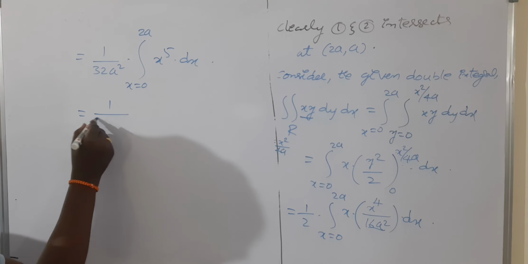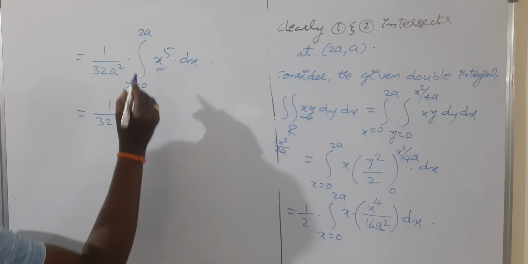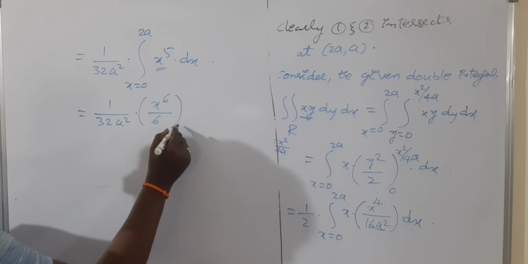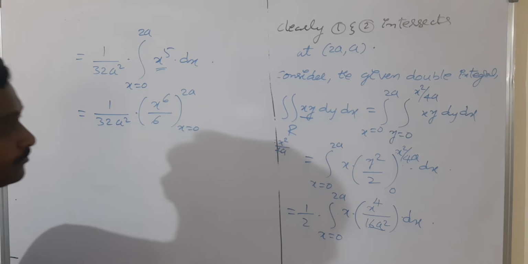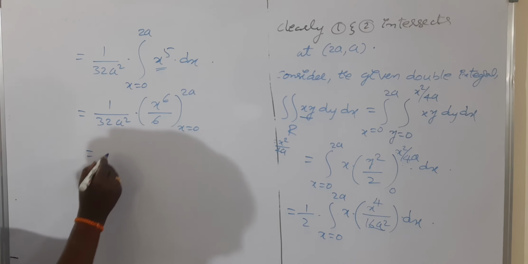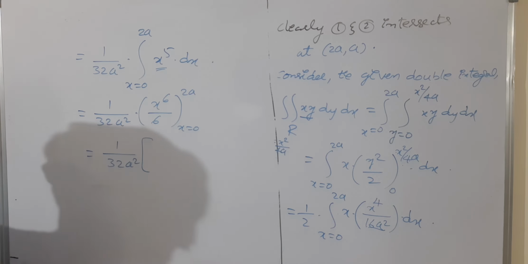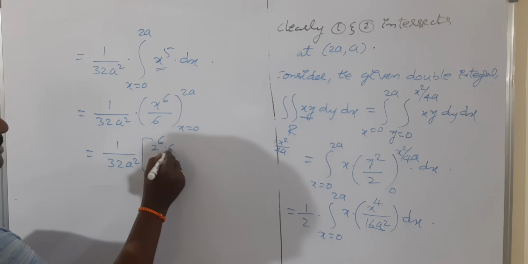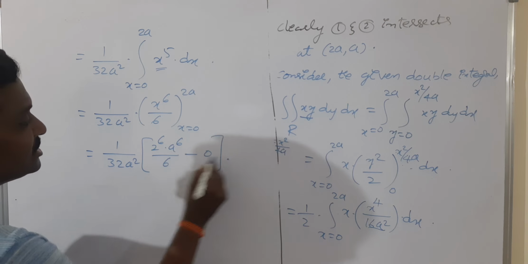So 1 by 32a square into, what is the integration of x power 5? x power 6 by 6, within the limits x is equal to 0 to 2a. So that is equal to 1 by 32a square into, apply the upper limit. You will get 2 power 6, a power 6 by 6. By applying the lower limit you will get 0.